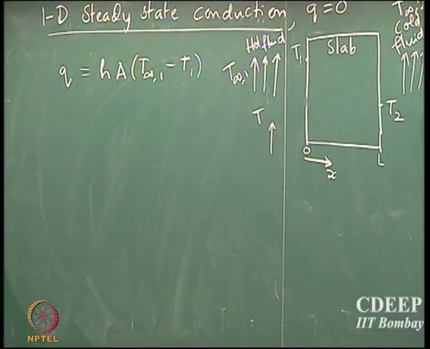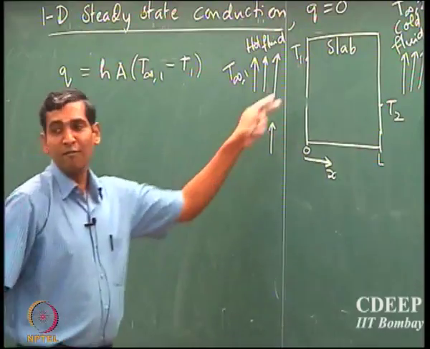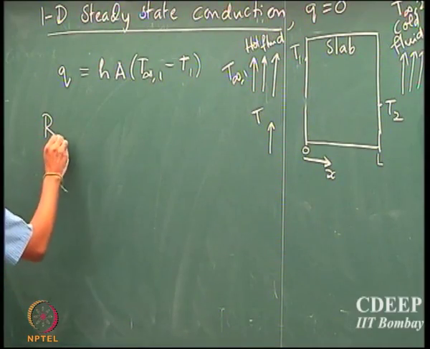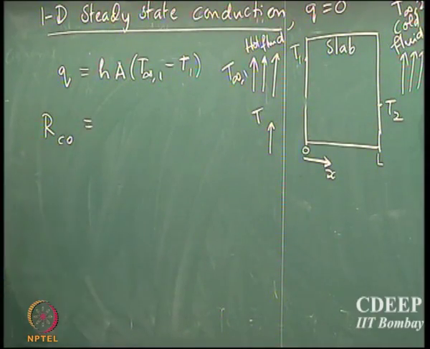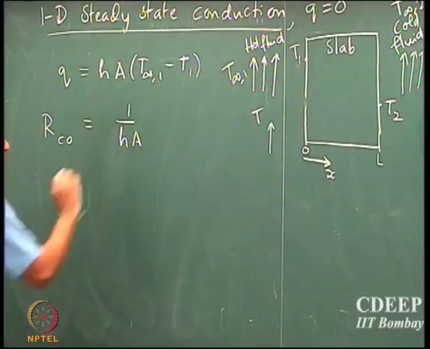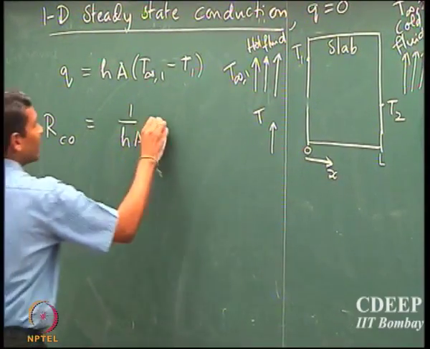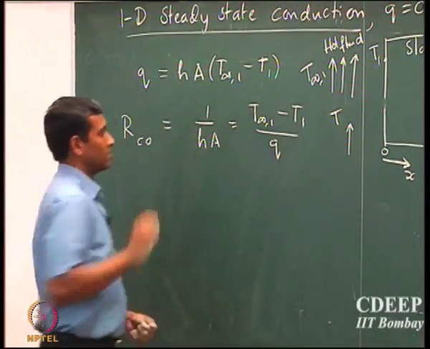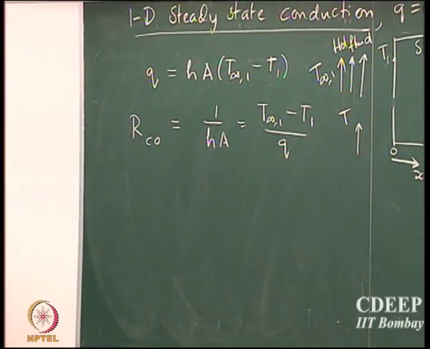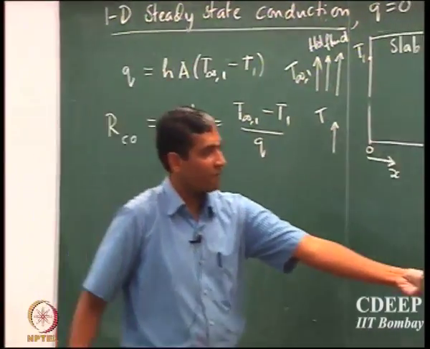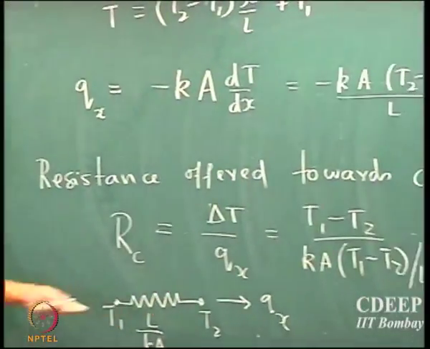So that's the rate at which heat is transported from the hot fluid to the slab, and using the resistance network concept, we can say this is the convection resistance, and that's simply given by 1 by HA. It's very simple to see this. This is nothing but T infinity 1 minus T1 divided by Q. It's the same formula I have used, delta T divided by Q. Okay.